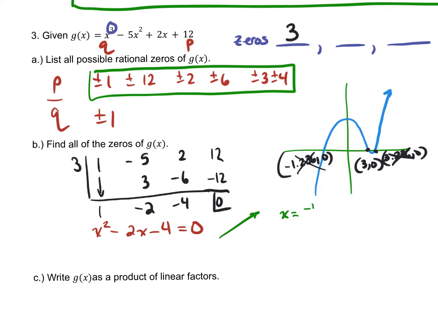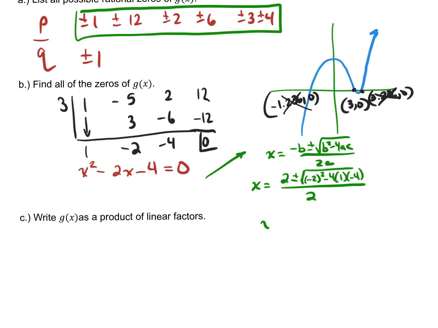So x equals negative b plus or minus square root b squared minus 4ac all over 2a. And so we'll just plug in and solve. So we get 2 plus or minus the square root of b squared, so that's negative 2 squared, minus 4 times a times c all over 2a.